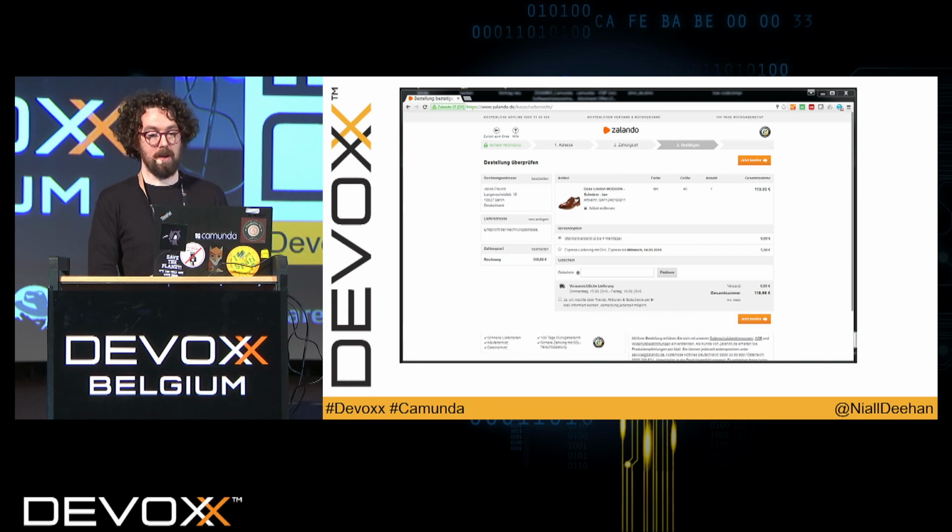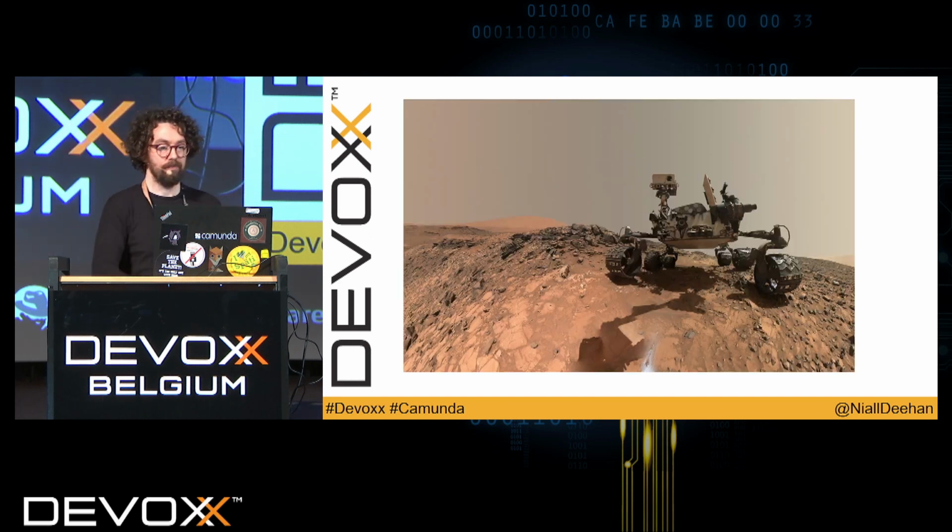But also, on the other end of the spectrum, it's very user-focused, which is important. We get data, and based on what the user has inputted, we'll change direction. Another company that's been using Camunda on the other side of the world is NASA, and they've been using Camunda for something we're not allowed to talk about, but I have a picture there.